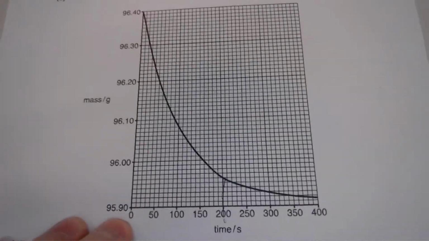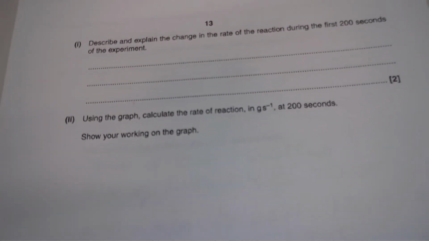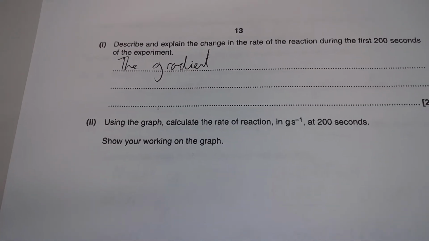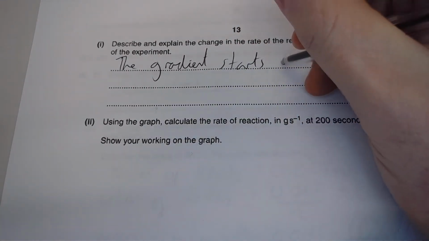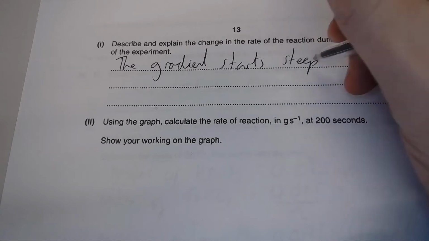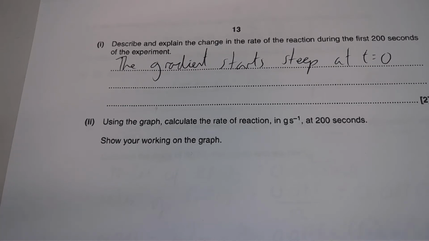Okay, we've got to describe it. So the gradient starts very steep at t equals 0, the initial time, and then it gets less steep.